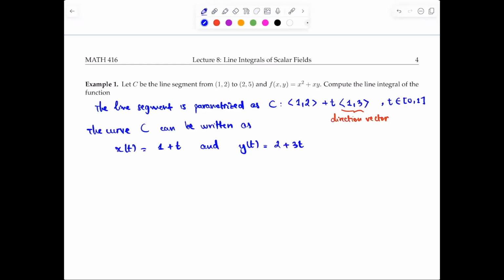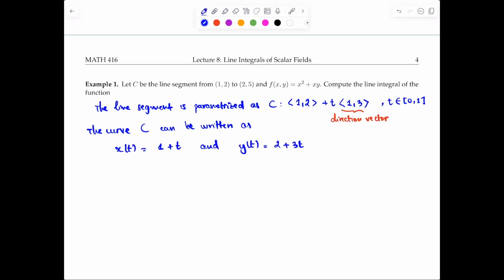So x of t is just the first component of the vector, that is 1 plus 1t. The second component is 2 plus 3 times t. So the curve, or path, C is parameterized using this formula.